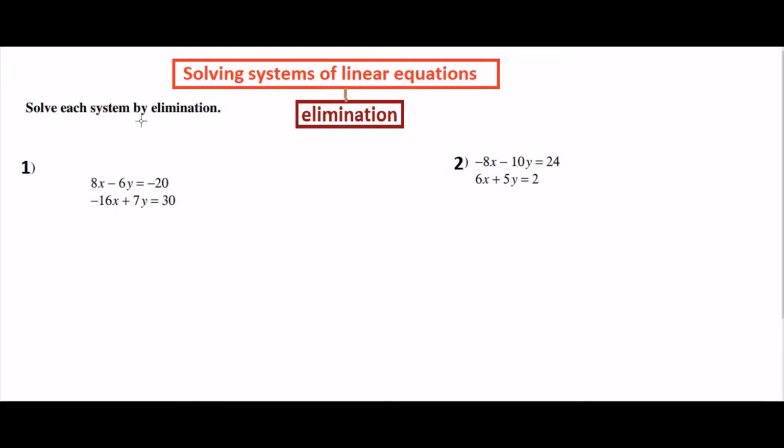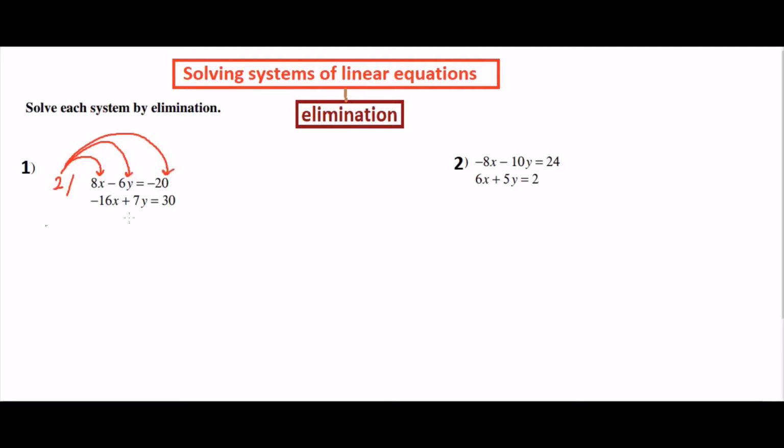So we're going to manipulate one of the equations. I would like to multiply the first equation by 2 so I can obtain 16x here, and that cancels negative 16x here.